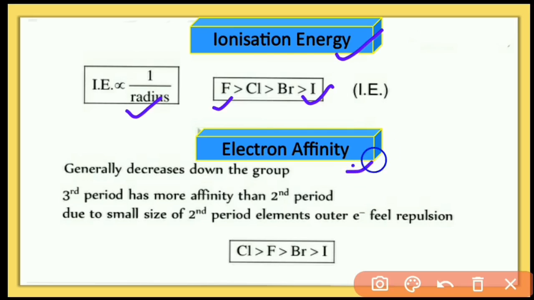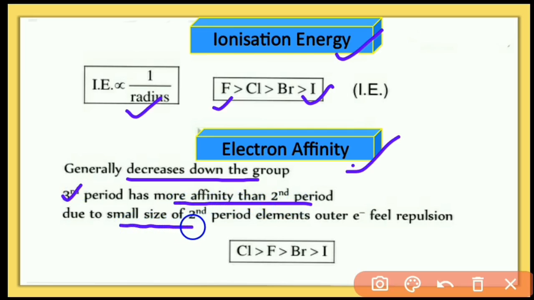Next property is electron affinity. Generally it decreases down the group when we move from top to bottom, but the third period has more affinity than the second period, due to the small size of second period elements, which causes outer electron repulsion. Therefore chlorine has higher electron affinity as compared to fluorine.